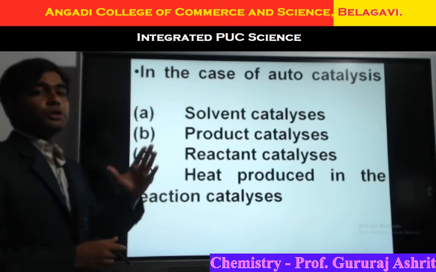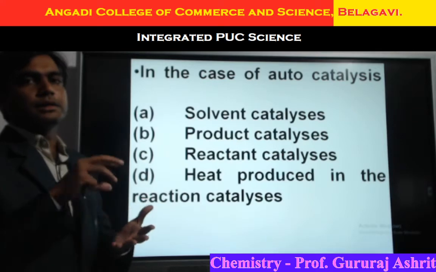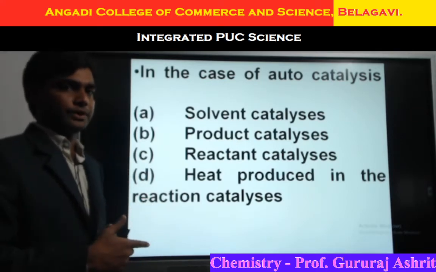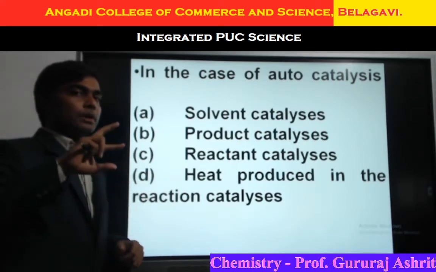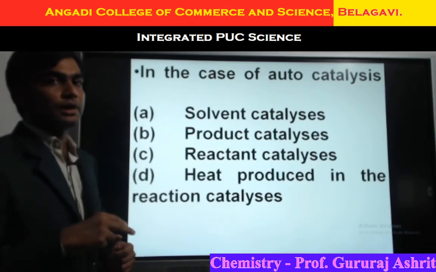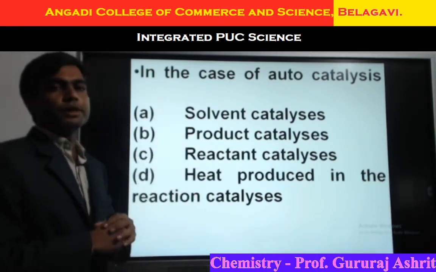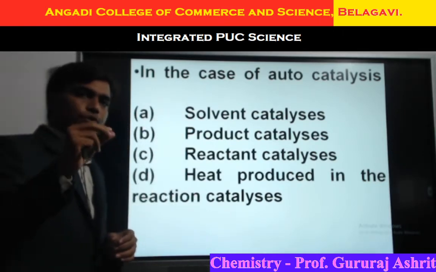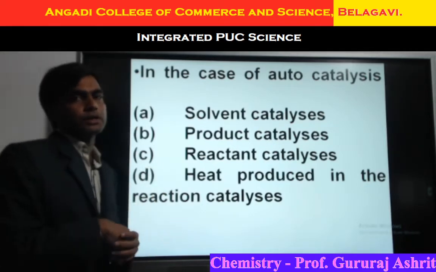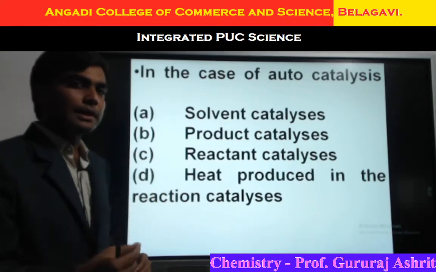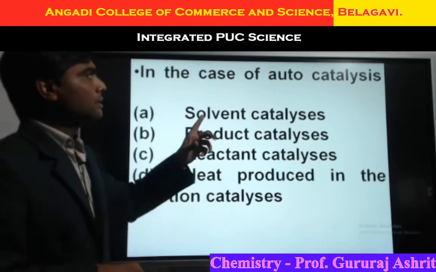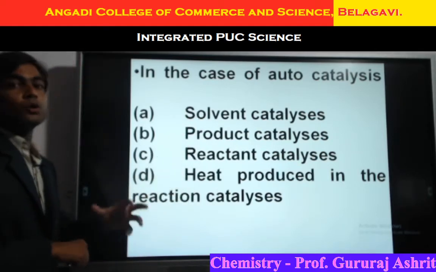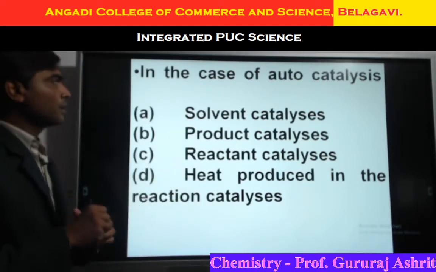Homogeneous means the reactants and the catalyst should be in the same phase. Heterogeneous means the reactants and catalyst are in different phases. And in autocatalysis, what happens? There is no need to add any other extra catalyst. The reactant itself acts as a catalyst. Hence, autocatalysis is automatic catalysis, self-catalysis.